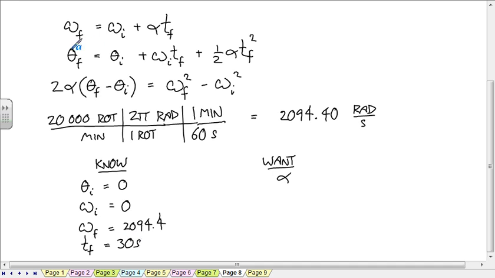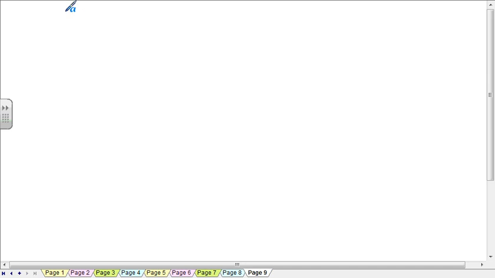So any of these three equations have alpha and then everything else is known? Yeah, the first one. So 2094.4 is equal to 0 plus alpha times 30.